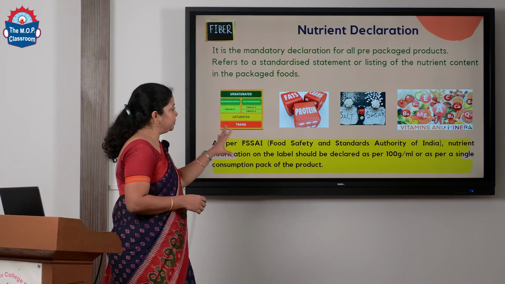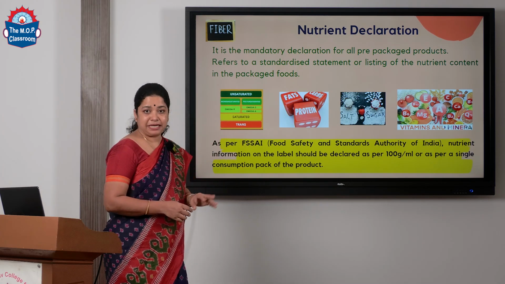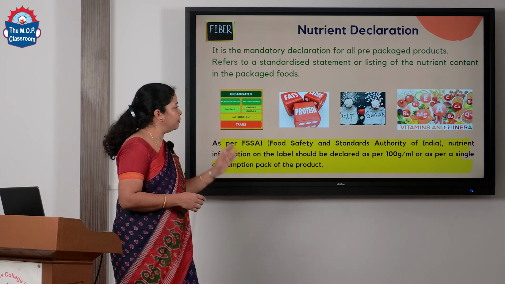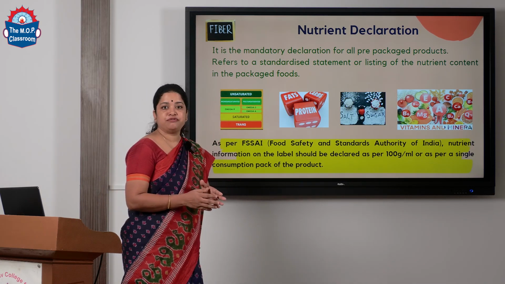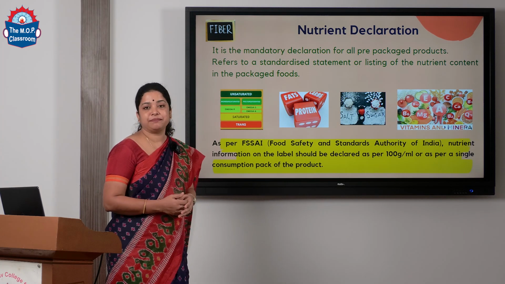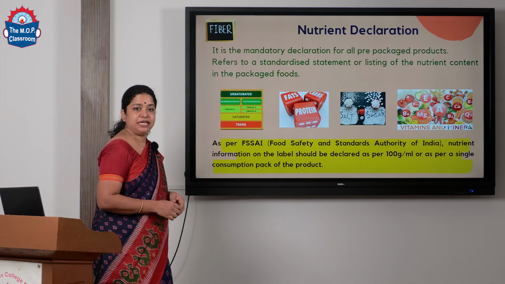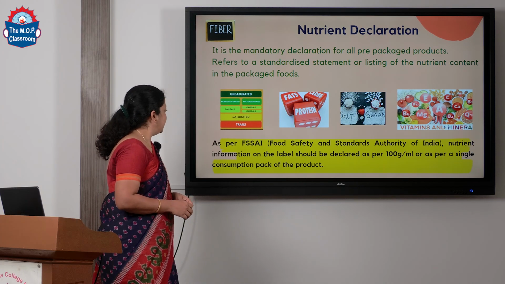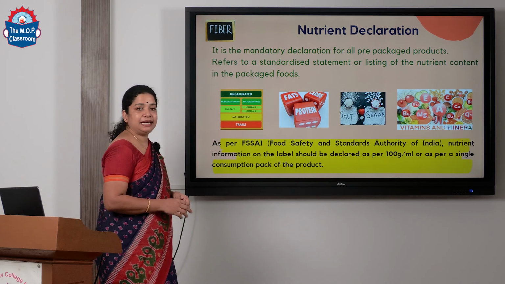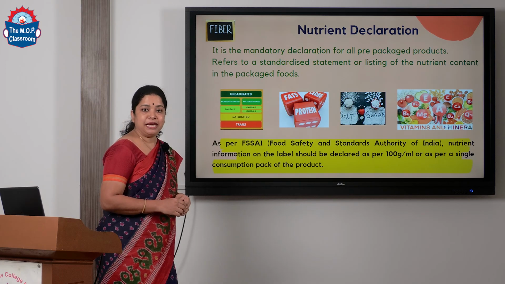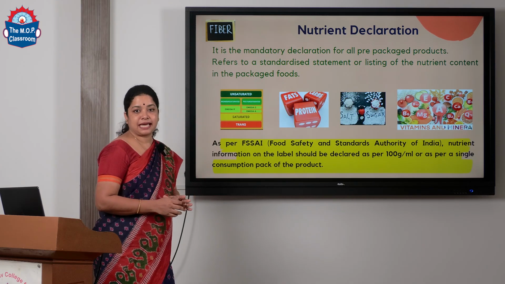So all these components are present in the nutritional label as well, and the consumer has to know how much of all this is important if they have to pick up something which is healthy enough. Now as per the FSSAI, that is the Food Safety and Standards Authority of India, nutrient information on the label should be declared as per 100 grams or ml or as per one serving size only.